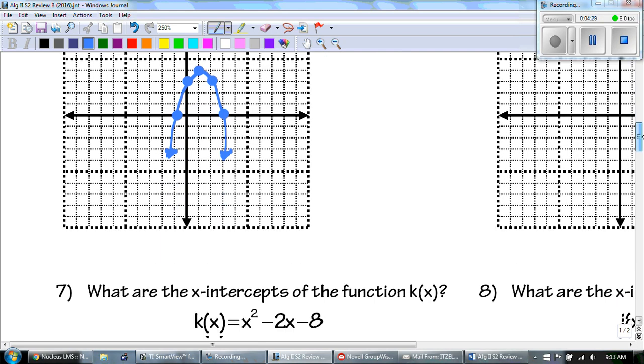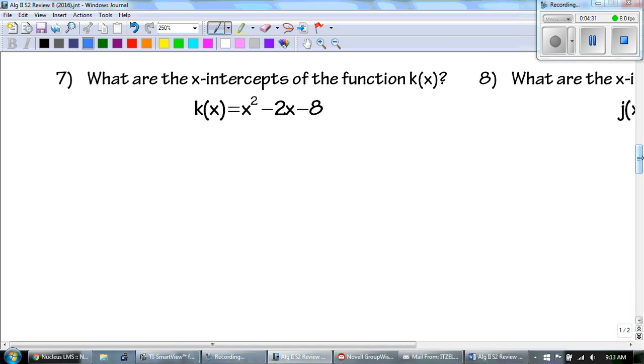Okay, let's look at the next one. It says, what are the x-intercepts of the function? When it's asking for the intercepts, I want to know the solutions, which means I want to solve it, which is factoring. The first thing I need to check for is is there a GCF? And there's not. So I want numbers that multiply to get to negative 8 and add to get to negative 2. 2 and 4, and it's going to be a negative 4.